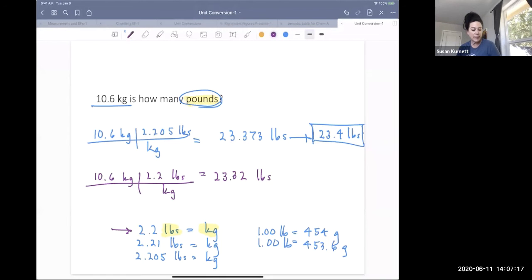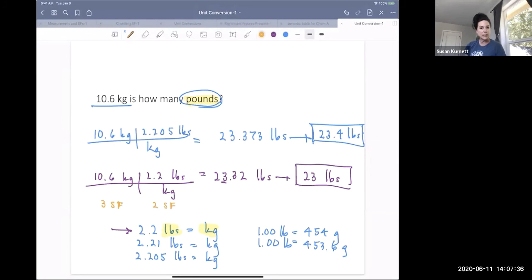I can only report my answer to 2 sig figs, because these are all limited in their sig figs. This was the measured starting place, 3 sig figs. This was a conversion factor that only had 2 sig figs.